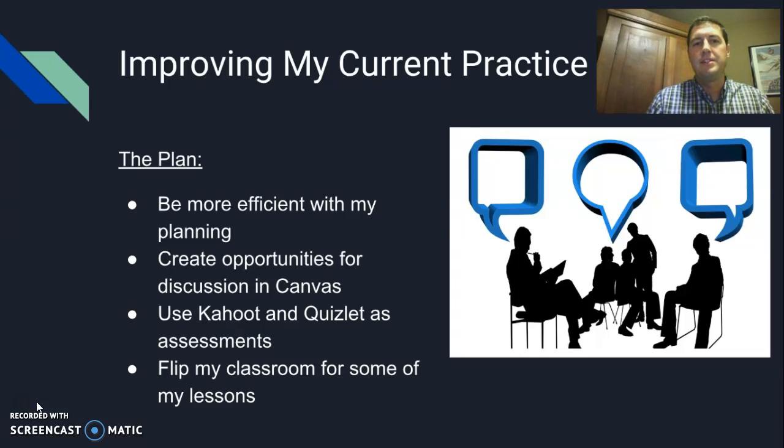Improving my current practice, the plan that I should put forth is, going back on the laptop cart situation, I just need to be more efficient in my planning. I need to plan far enough in advance so that I can reserve the carts and have the carts in my room to create more of a classroom that is using the technology to enhance their learning, create opportunities on Canvas to have discussions.